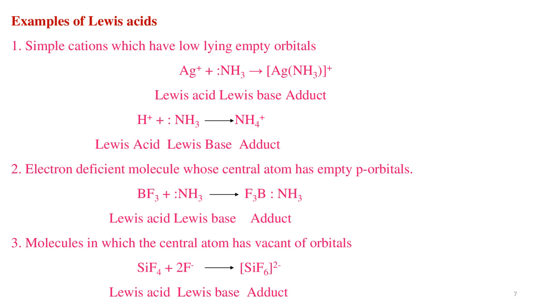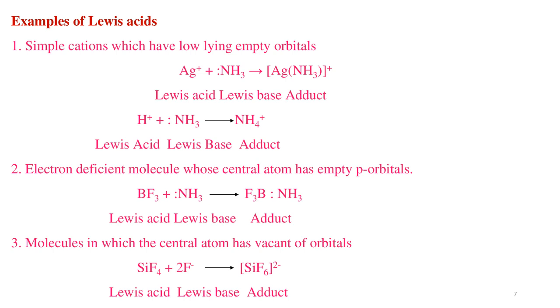Another example is H+ acting as a Lewis acid and ammonia as a Lewis base. Next example is electron-deficient molecules, where the central atom has empty p orbitals. An example is BF3 reacting with ammonia to produce an adduct. Here BF3 acts as a Lewis acid and ammonia as a Lewis base.